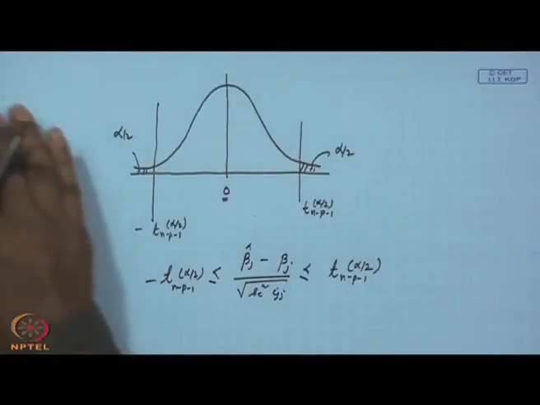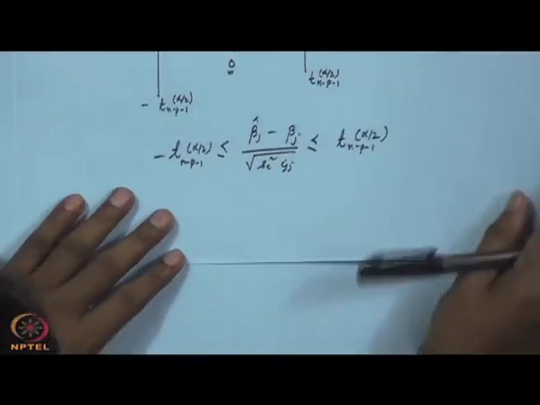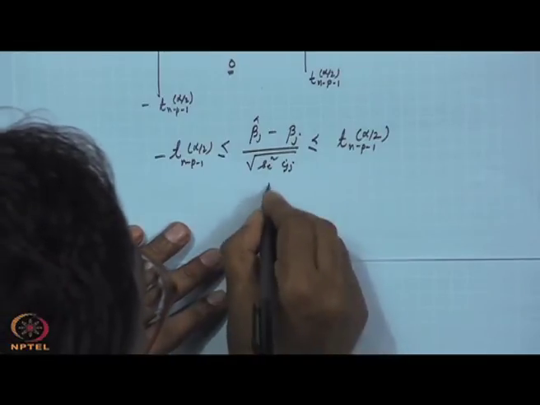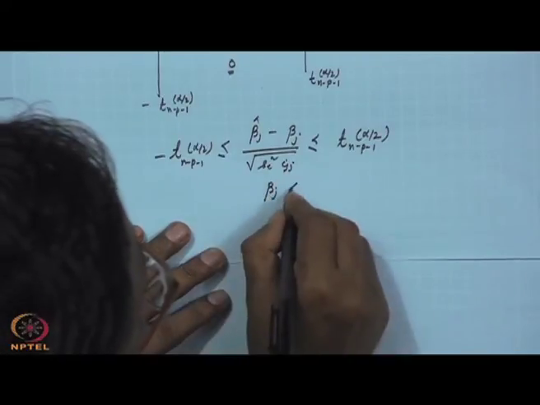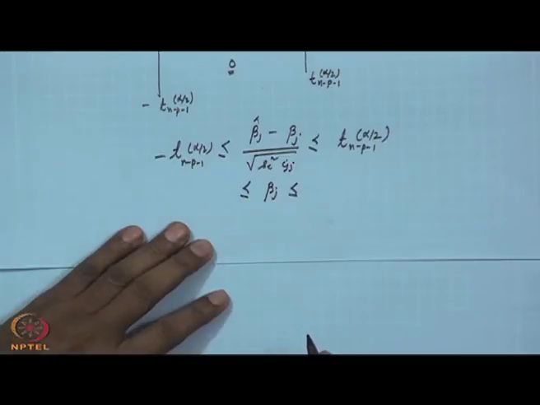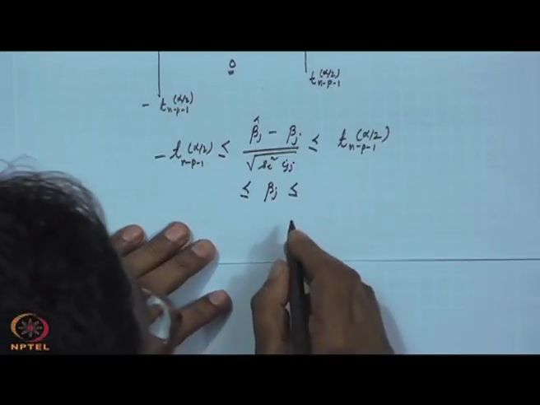Okay. So, now manipulate a little more. What you require to do then, you want beta j here, this side and this side, less than or equal to and less than or equal to.